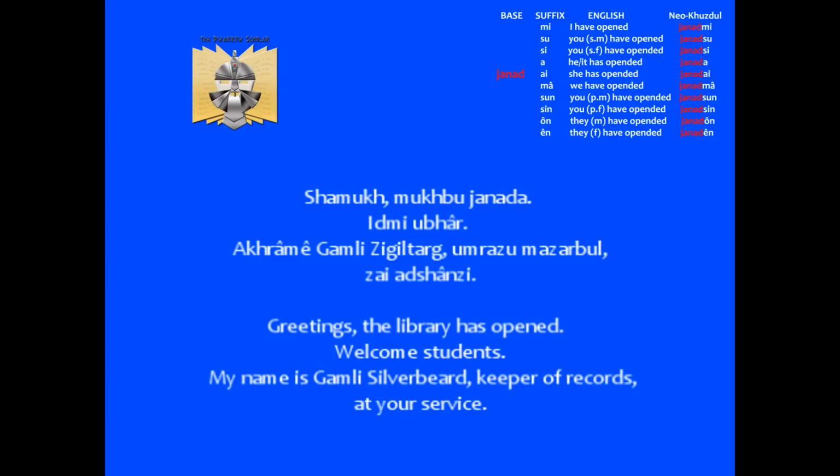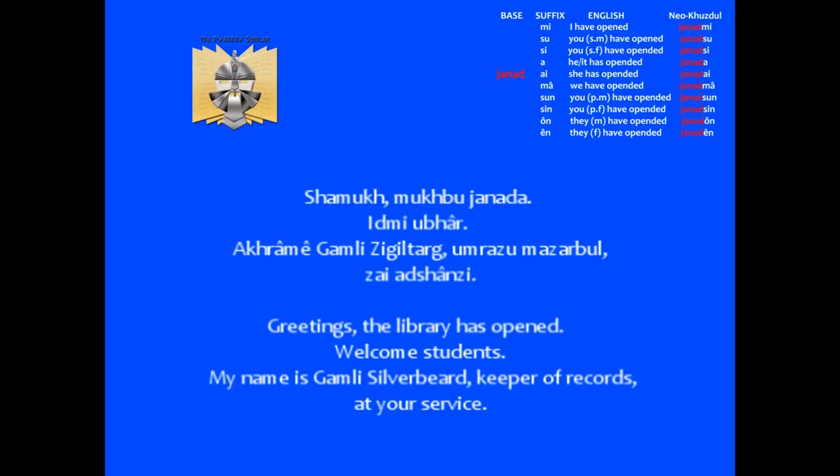Adding a u at the end of a noun turns the form into a genitive form, that is for the singular. So instead of baruk, which is axe, if we want to make that into axe of, we would add a u at the end of it, creating barku. So umrazu is keeper of, umraz plus u.